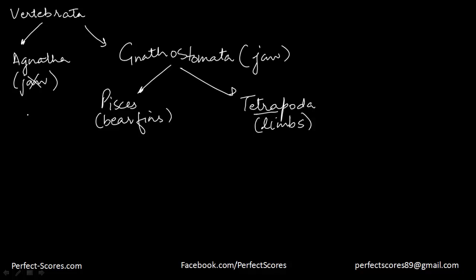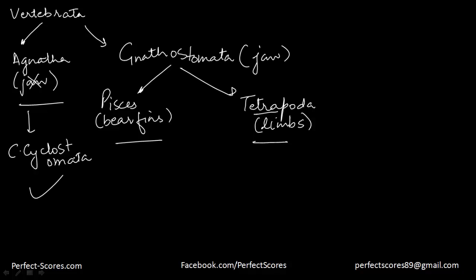Now each one of these three components, they have certain classes under them. For instance, Agnatha has the class Cyclostomata, and this is what we've already covered in the previous video. And under Pisces we have two classes, which is Chondrichthyes, also covered in the previous video, and Osteichthyes.